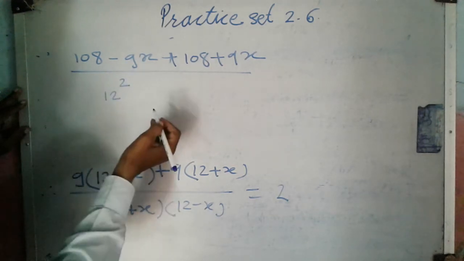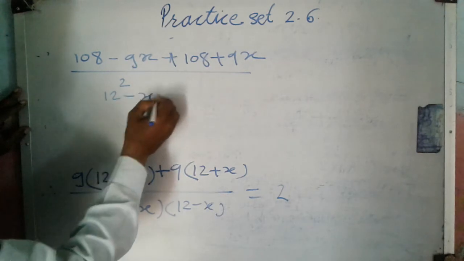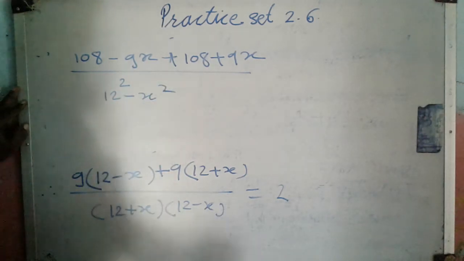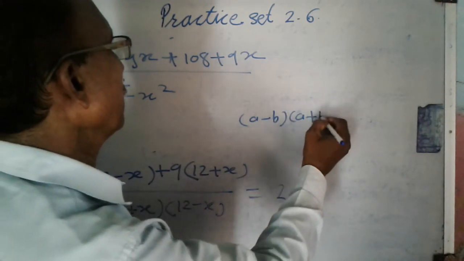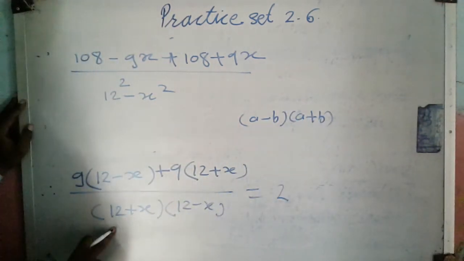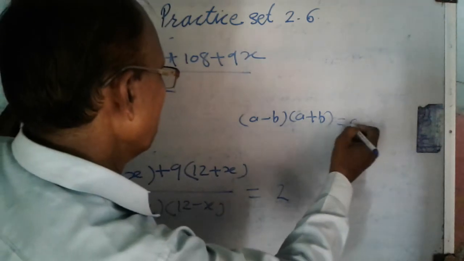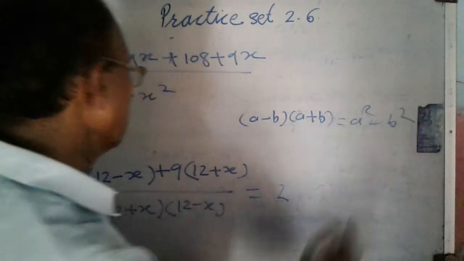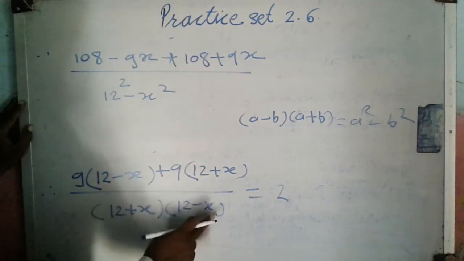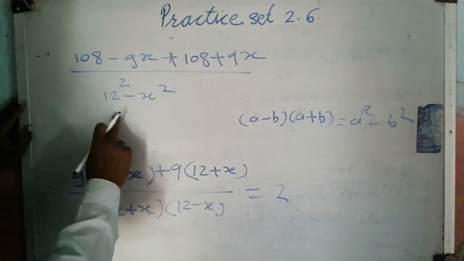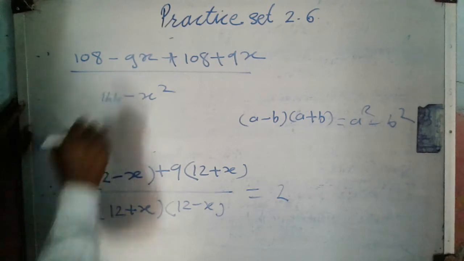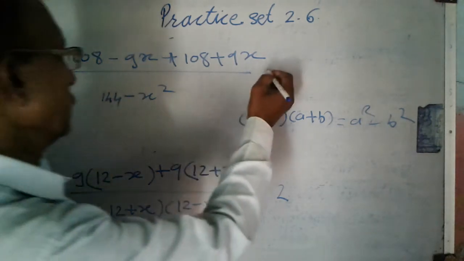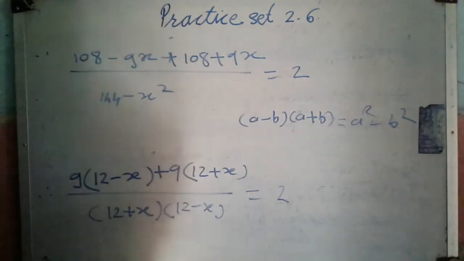if you multiply this bracket, here we get 12 square minus x square by the formula (a minus b)(a plus b), which gives a square minus b square. That means 12 square minus x square, and 12 square is equal to 144.